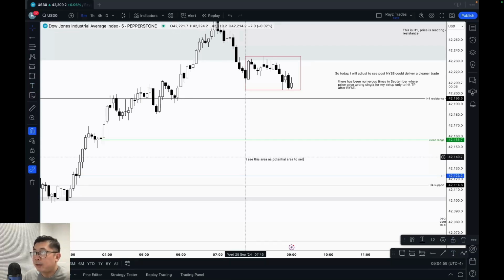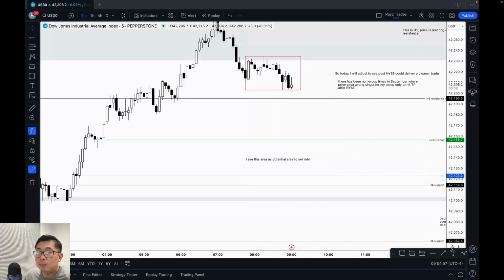This area is a potential area to sell into.